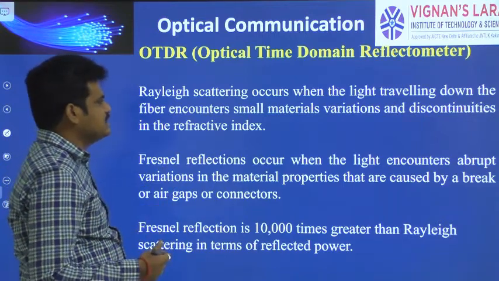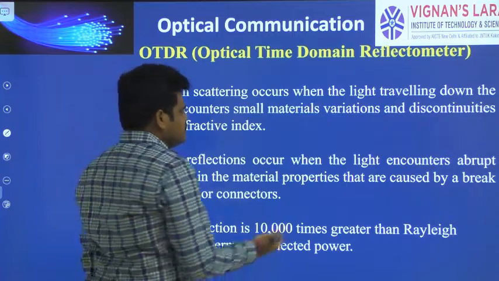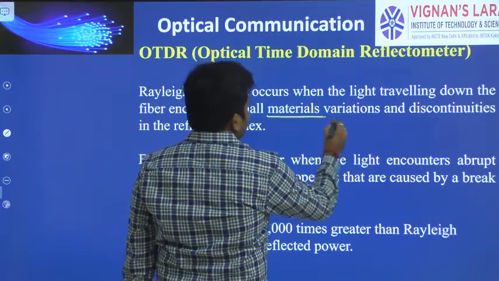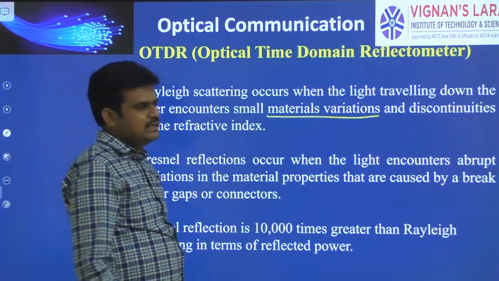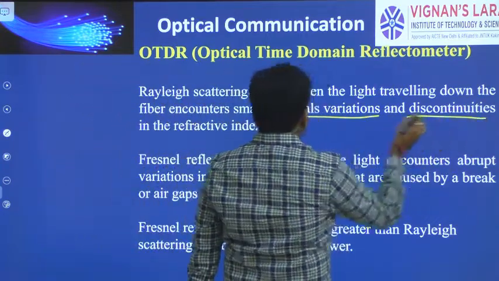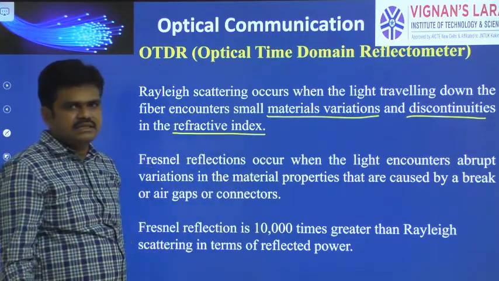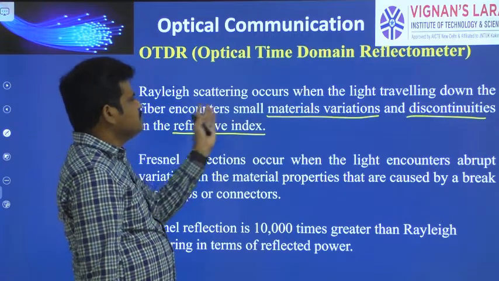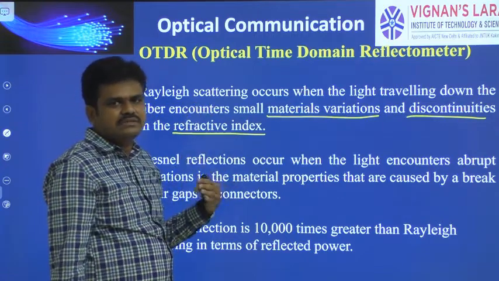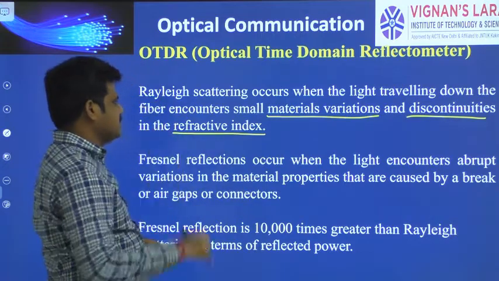Rayleigh scattering loss means the power loss due to fiber core material variations, or in other words, discontinuities in the refractive index. This generally leads to optical losses. That is called Rayleigh scattering loss.